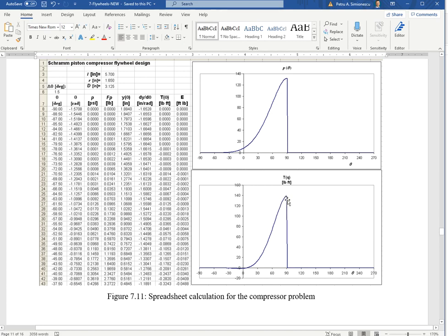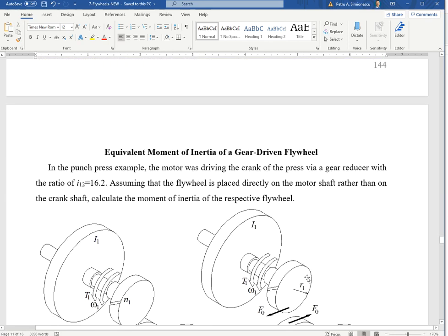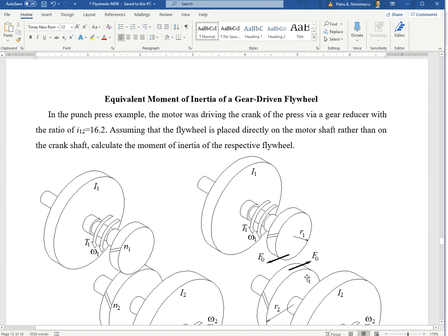Again, this is a controlled valve, not one that's open due to the pressure difference and overcomes the resistance of a spring, but it's rather controlled. So you likewise integrate under the torque versus crank angle curve. You get the average torque, and you find the moment of inertia that's required to satisfy a given coefficient of speed fluctuation.